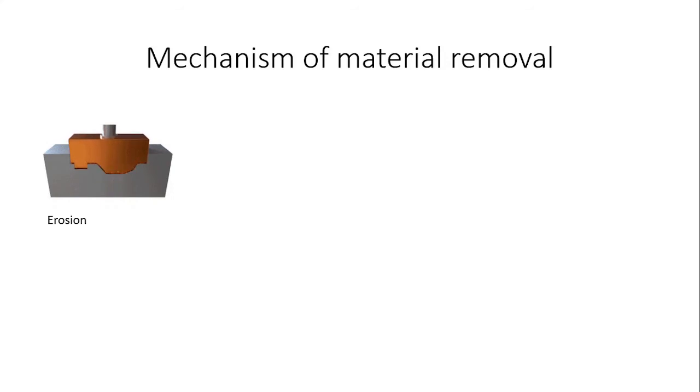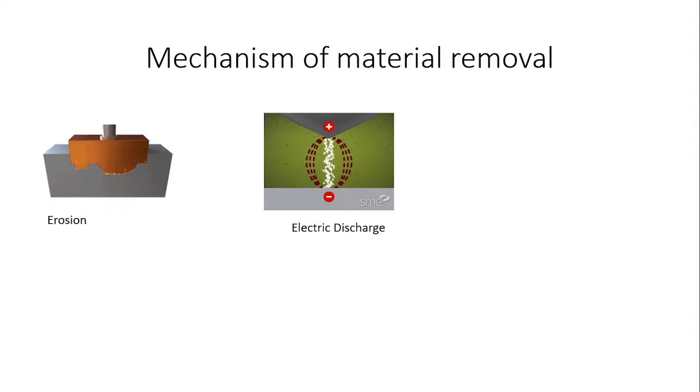Yes, now how is the material removed? The types of mechanism used to remove the materials are, first, erosion. Erosion means the spark produced between the workpiece and the tool. Due to the spark, the workpiece material is eroded. From this erosion also we can remove the material. After that, electrical discharge.